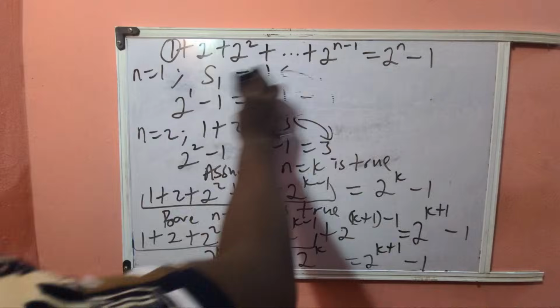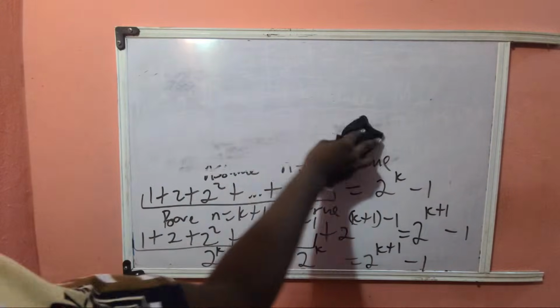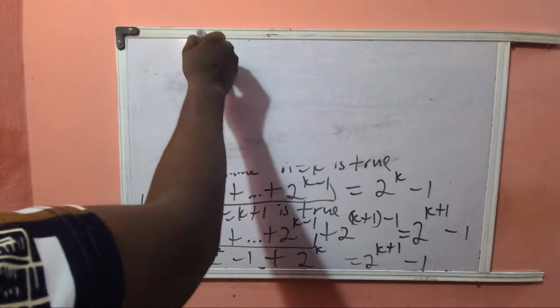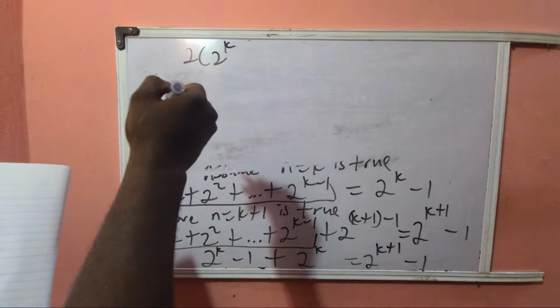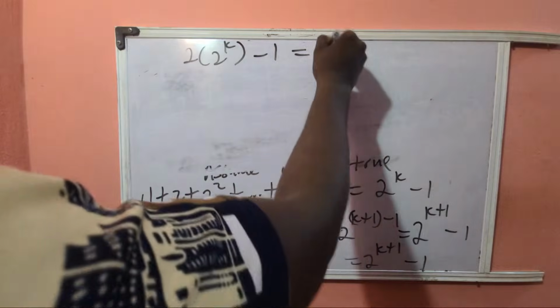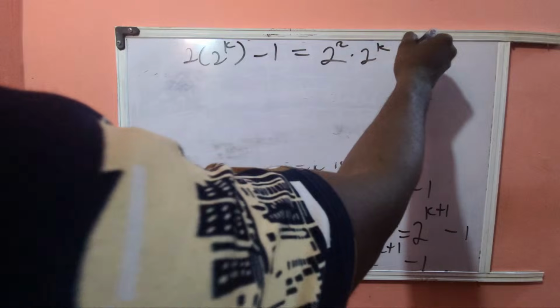Let's see what we can do. Now we want to prove that. So I group this together. 2 raised to power k plus 2 raised to power k will be 2 times 2 raised to power k, minus 1.